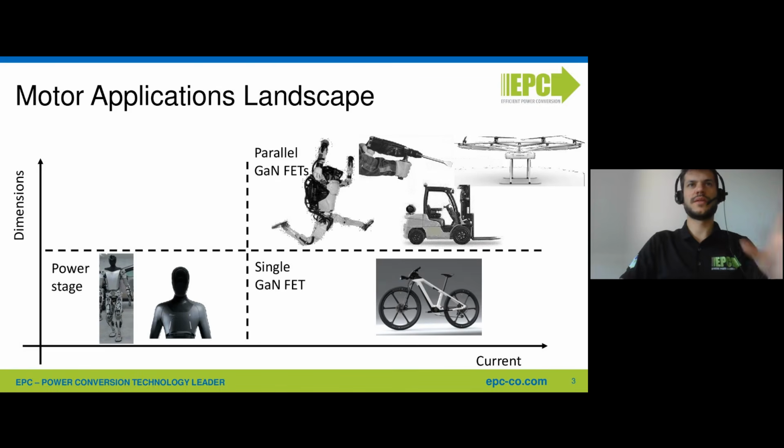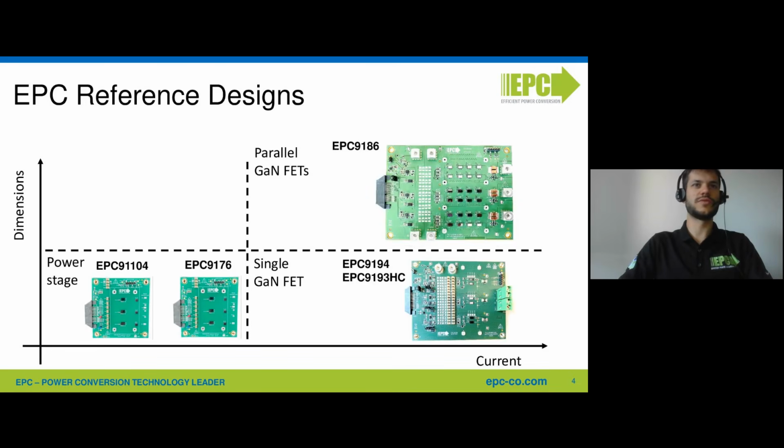So let's keep this kind of representation of the motor drive applications landscape, and let's bring it to the reference design boards that I have already mentioned. So we have developed a certain amount of reference design boards that are meant for two purposes.